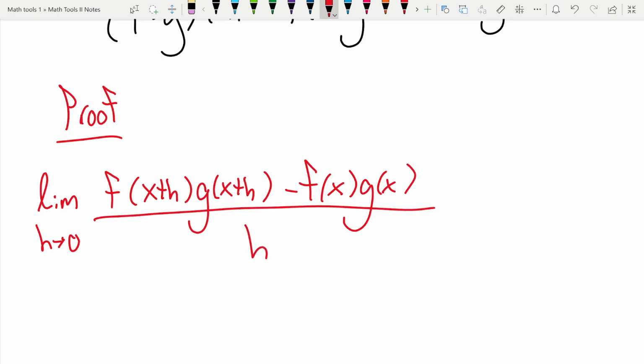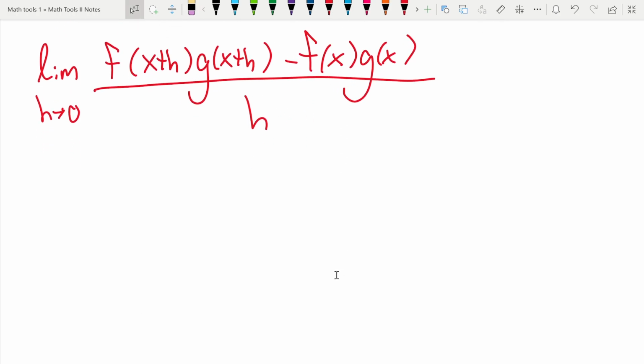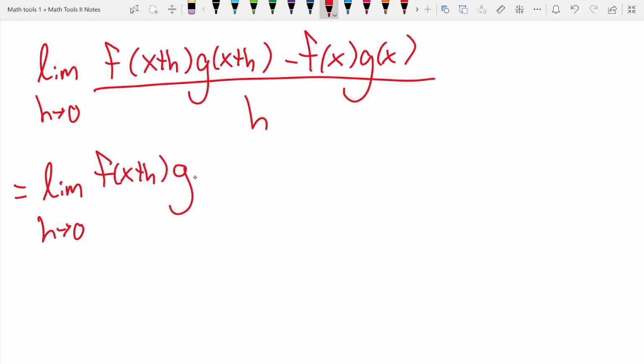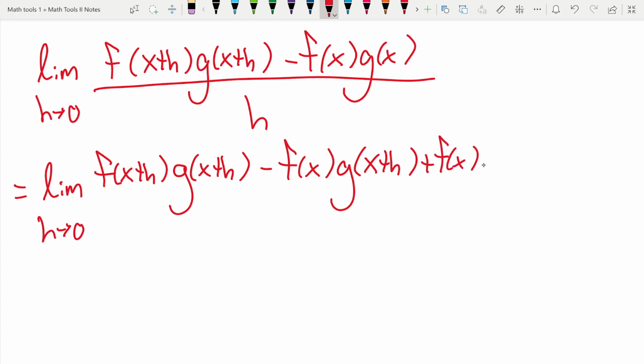Okay. So the trick here, to get it into the form that we want, is to add and subtract an extra term. So this is another common technique in proofs, that you basically add a 0. So we're going to subtract f of x times g of x plus h and add that same term. So we're allowed to do this because we're basically just putting a 0 in here.